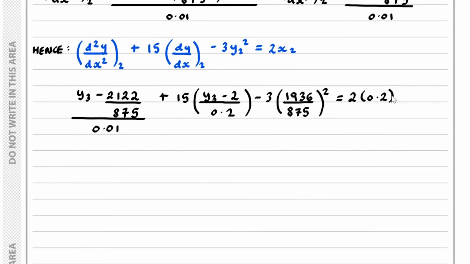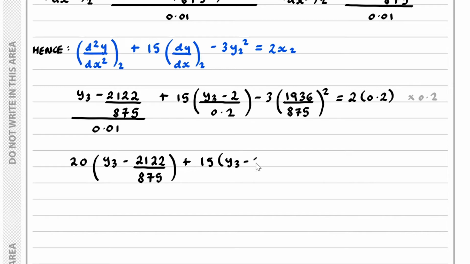We now have a linear equation which we need to solve now. We can multiply through by 0.2, and if we do that, here we would have 20 lots of y3 minus 2122 over 875 plus 15 lots of y3 minus 2.